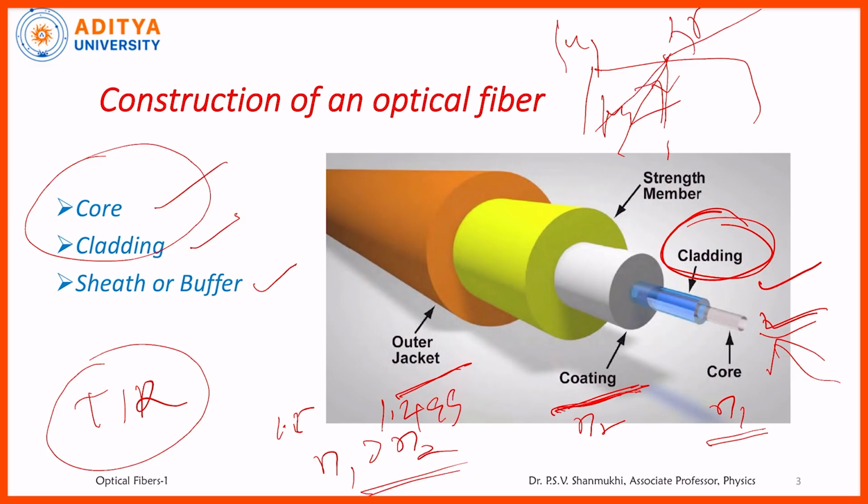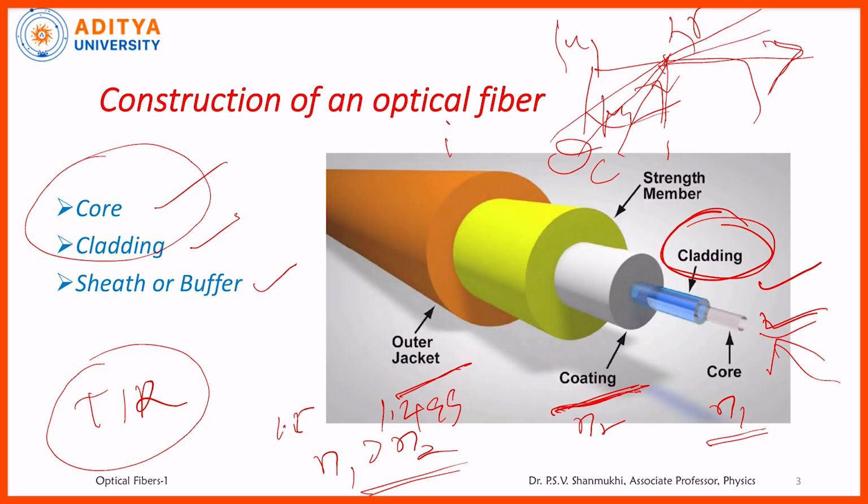As we increase the incident angle, the angle of refraction increases. At a particular incident angle, denoted by theta c, the light travels along the boundary of separation without suffering refraction or reflection, that is, along the boundary separating these two media. That angle is called the critical angle.